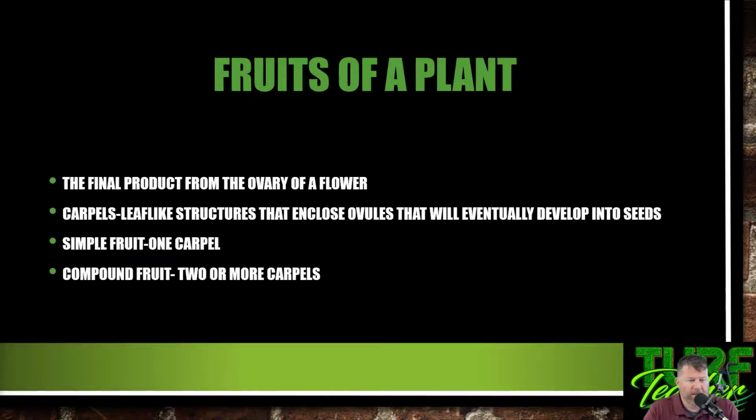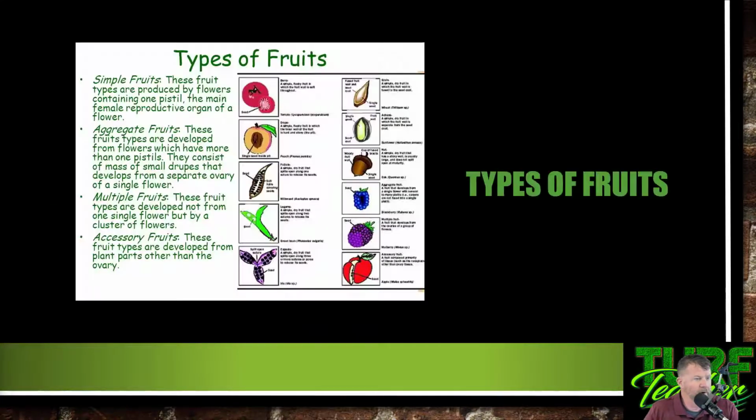All right, fruits of a plant. This is the final product from the ovary of a flower. Your carpels are the leaf-like structure that enclose the ovules that will eventually develop into seeds. We have simple fruit, which have one carpel, and then we have a compound fruit that may have 2 or more carpels. And here are your types of fruits. Again, the simple fruits, these fruit types are produced by flowers containing one pistil, the main female reproductive organ of a flower.